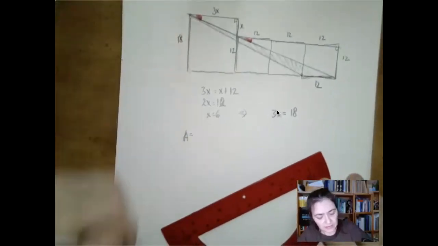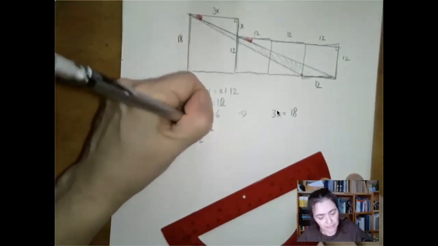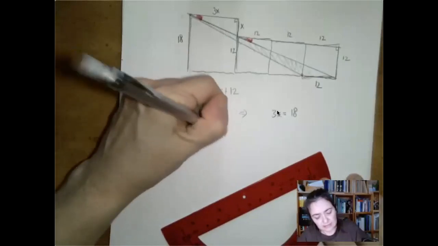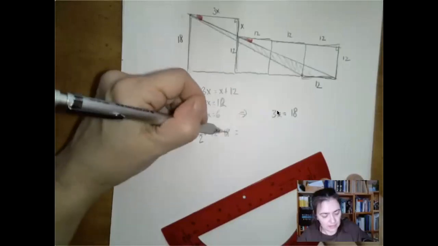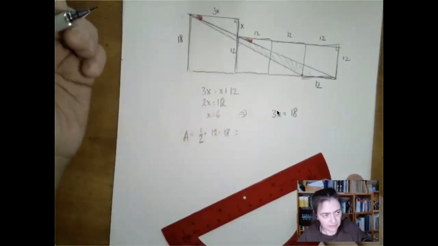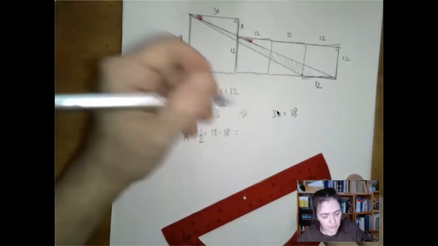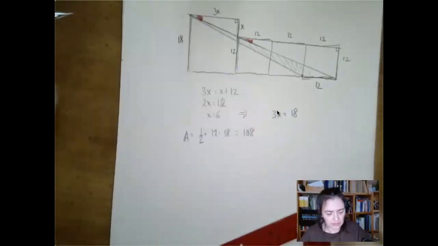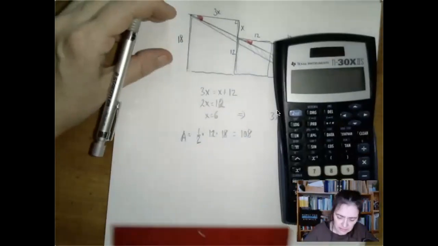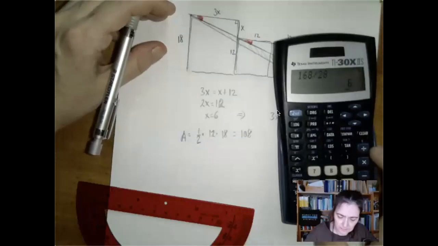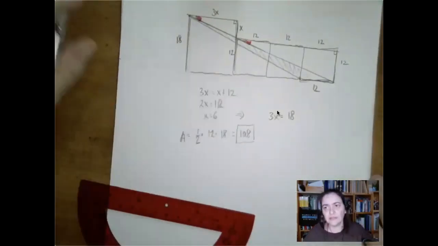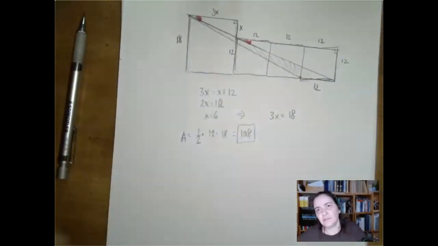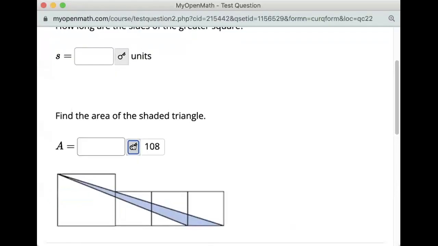So the area is 1/2 base times height, and 9 times 12 is 108. 9 times 12 is 108. And so 108 square units would be the area of the shaded triangle. So we have the right answer.